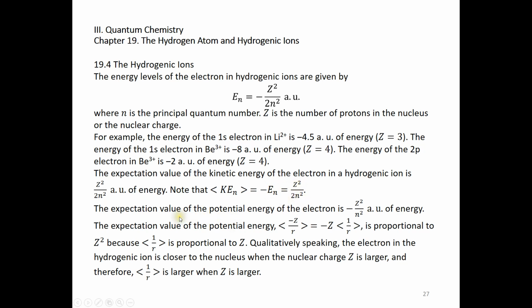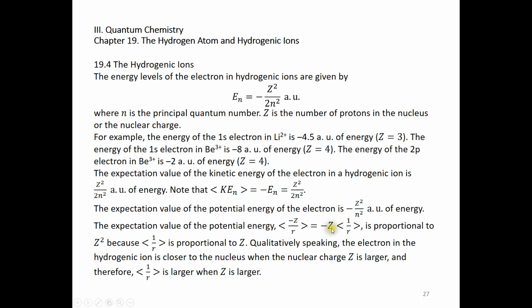The expectation value of the potential energy of the electron in a hydrogenic ion is negative Z squared over n squared. The expectation value of the potential energy can be expressed as negative Z over r enclosed in a pair of brackets, because Z is a constant, so this is equal to negative Z times the expectation value of 1 over r.